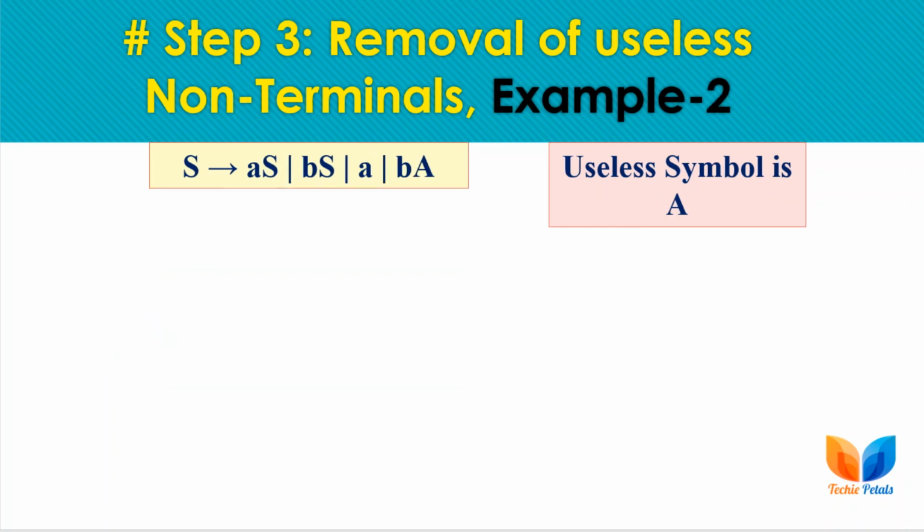The next example is: S goes to AS, BS, A and BA. Here the condition is contradictory to the previous example.